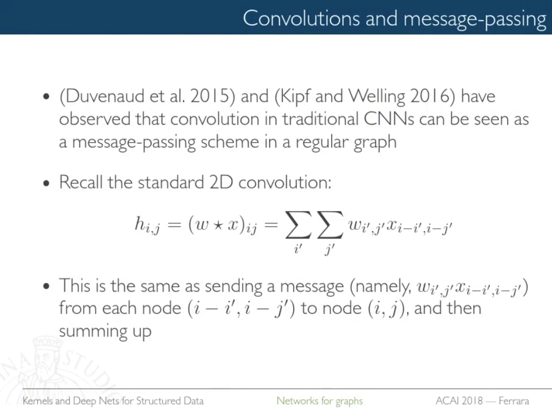So that's the mathematical definition of the operation for two-dimensional images. Okay? The embedding at position ij in the filter map will be the convolutional product of the weight matrix times the signal, the image x, at position ij. And how do you compute it?